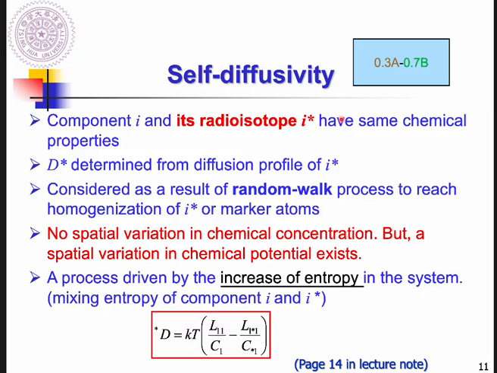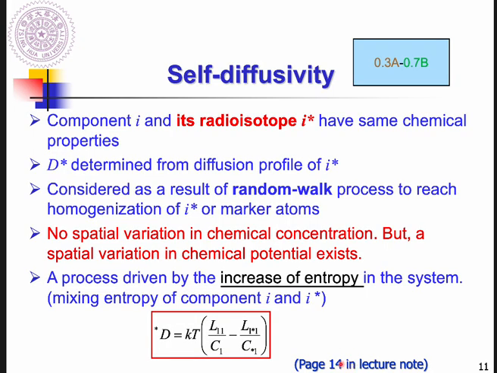Okay, so the self-diffusivity D_A will equal kT, the Boltzmann constant times absolute temperature, times L11 divided by the concentration of 1, minus L1 star 1 divided by the concentration of radioisotope 1. The detailed derivation is shown on page 14 of the lecture notes.